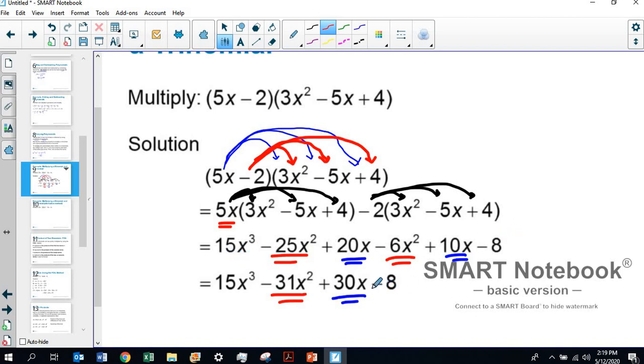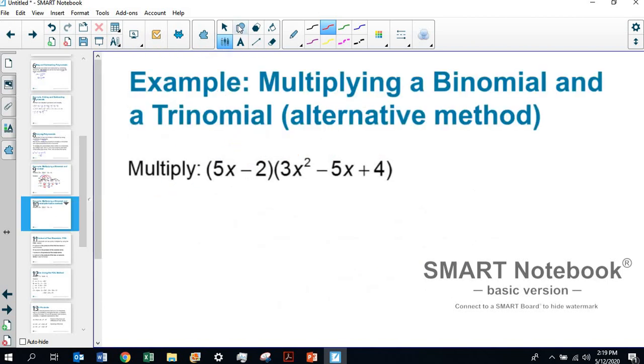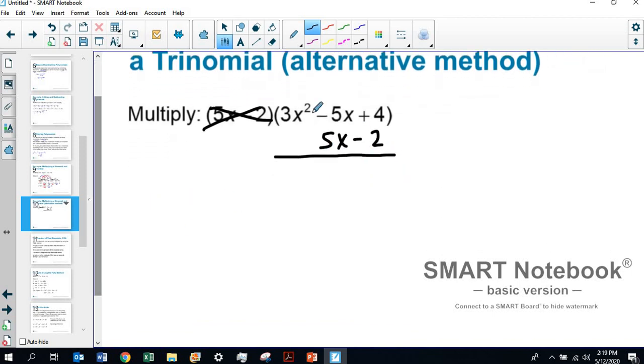Okay? Now there is a second method for multiplying more complex things like this, and that is to actually rewrite this guy underneath 5x minus 2 and create kind of like you're doing long multiplication way back in elementary school.